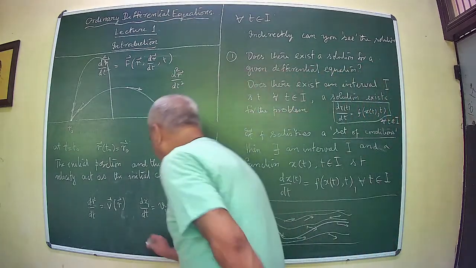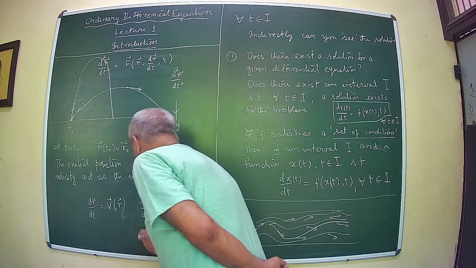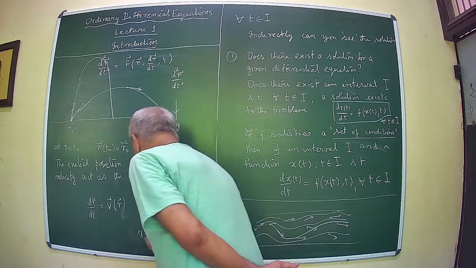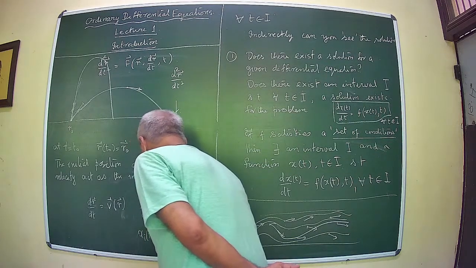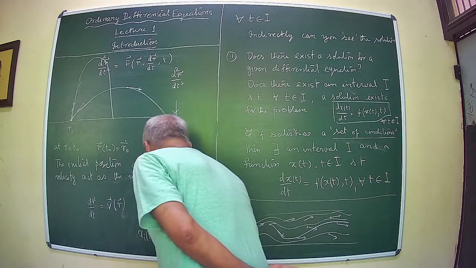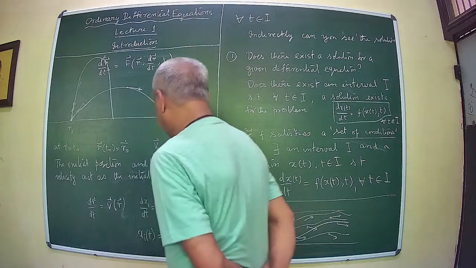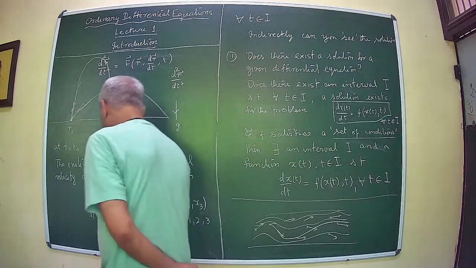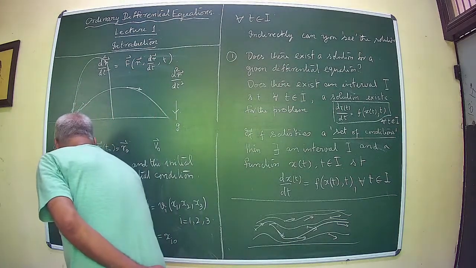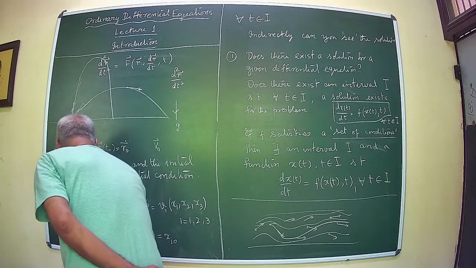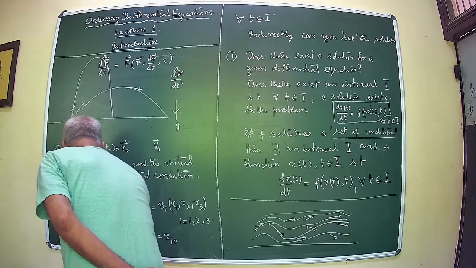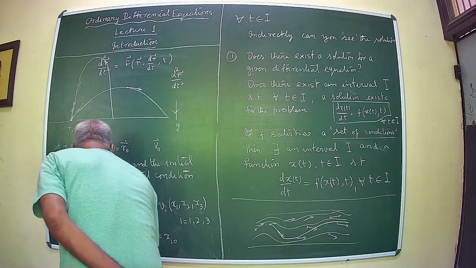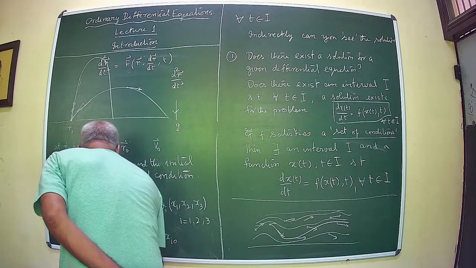So, suppose you have x_i(t) equal to x_i naught. That means there is an initial point r naught given by x1 naught, x2 naught, x3 naught.